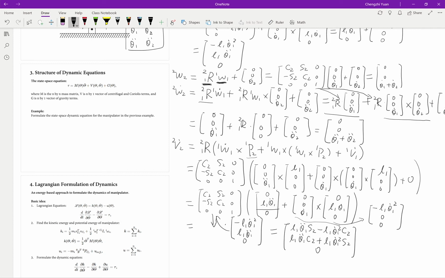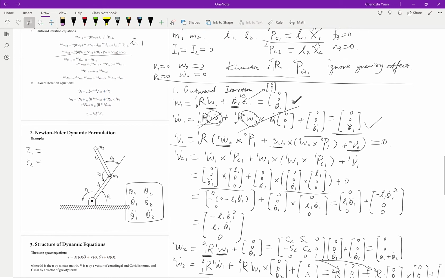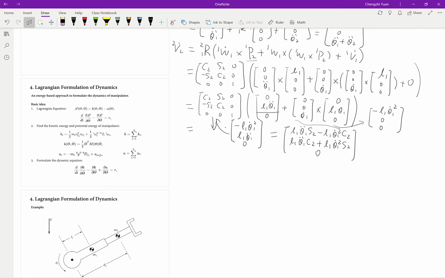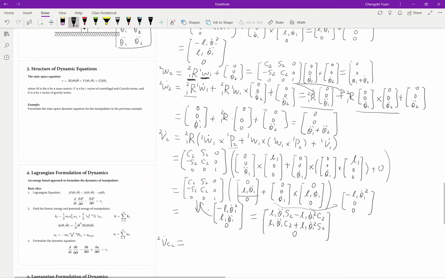So this is the linear acceleration of the second link, and we are not done yet. What we need is the acceleration of the center of mass of the link, so we need to calculate the acceleration at C2.